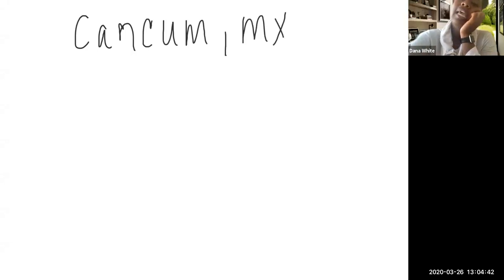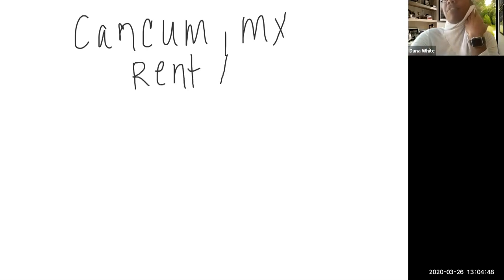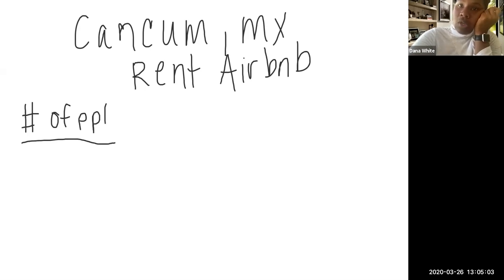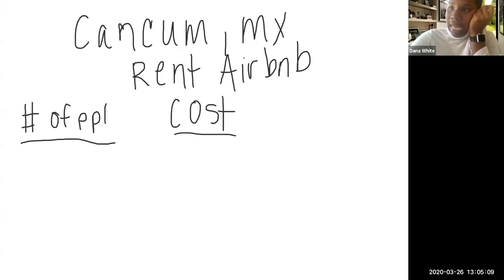And let's start off with saying that we're gonna rent our Airbnb, and let's say it's one person going so far. So we have the number of people gone, then the cost of renting the Airbnb, and lastly, the cost per person.